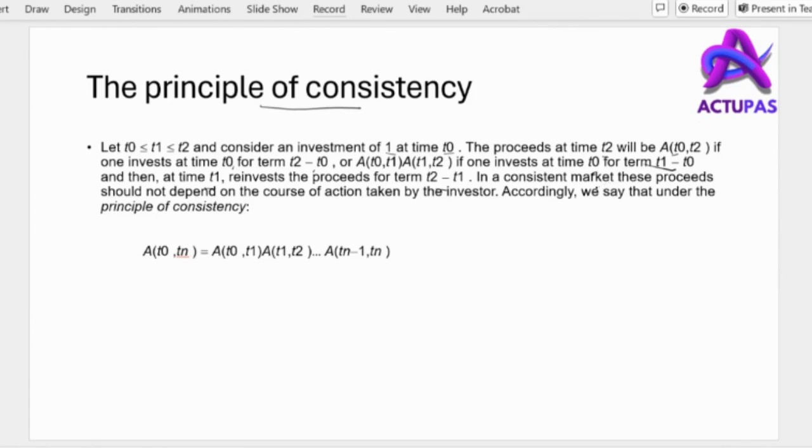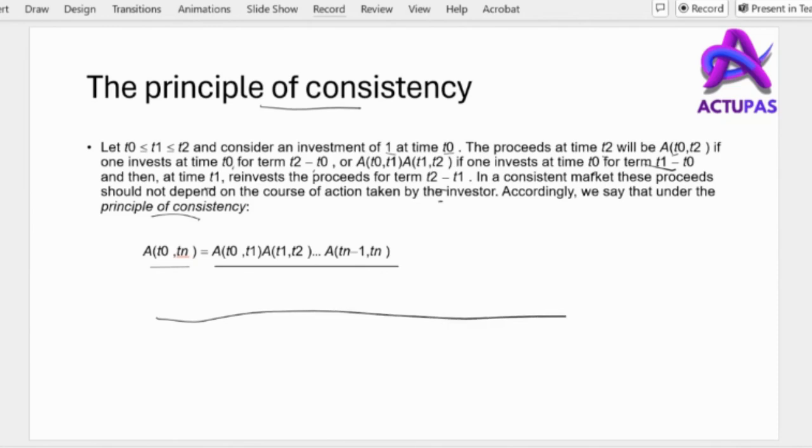In a consistent market, these proceeds should not depend on the course of action taken by the investor. Accordingly, we say that under the principle of consistency, A(t0 to tn) is equal to A(t0 to t1) times A(t1 to t2) up to A(tn-1 to tn).